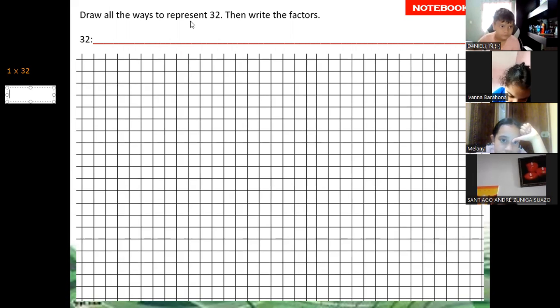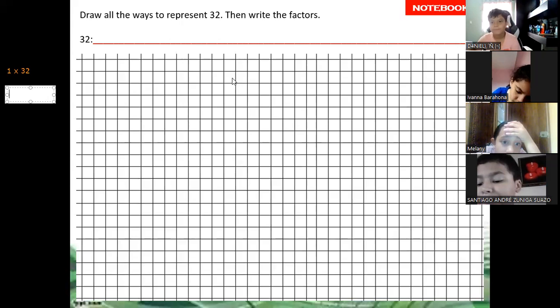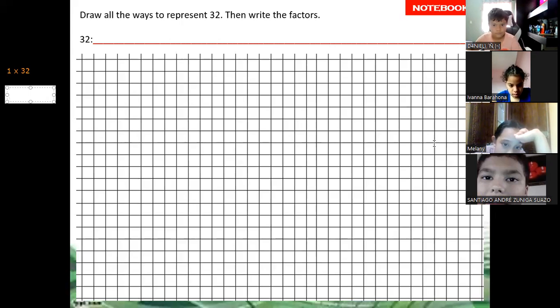What about 2? What about 2, class? Multiplication, timetables.